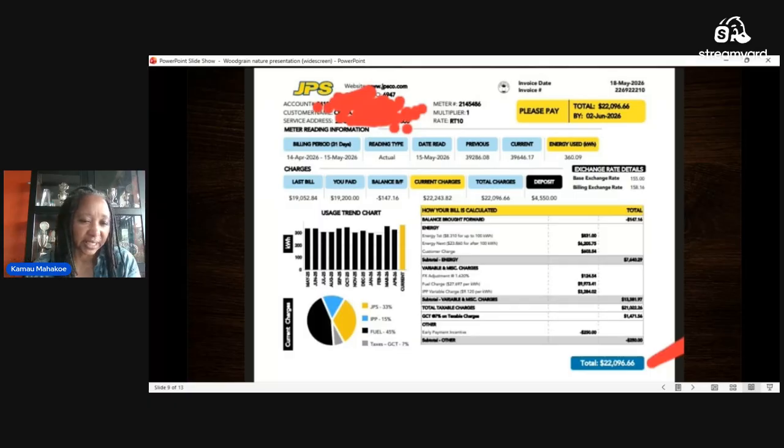Taxes, GCT, 7% that goes to the government. So JPS is telling you this is the breakdown. When we collect your money, this is how we distribute it amongst the stakeholders. It's not just going to them, it's going to the people that they get fuel from. Some of it is going as tax to the government, some of it has to be used to pay their workers, and so on.